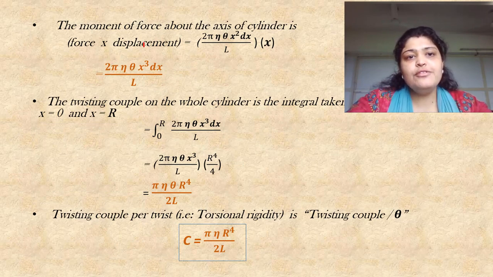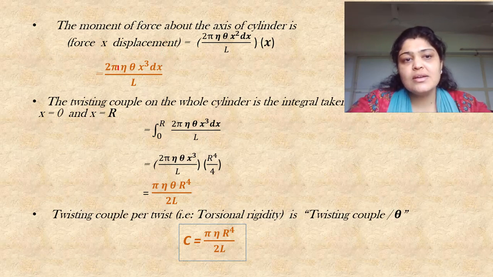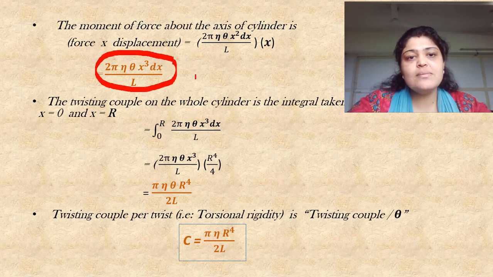The moment of force about the cylinder will be force into displacement, and the displacement is x. So we get the equation of moment of force, that is torque, as 2 pi eta theta x cube upon L into dx. Now this is the moment of force we have considered for a single cylinder which we assumed.